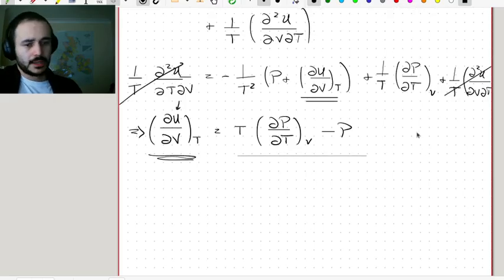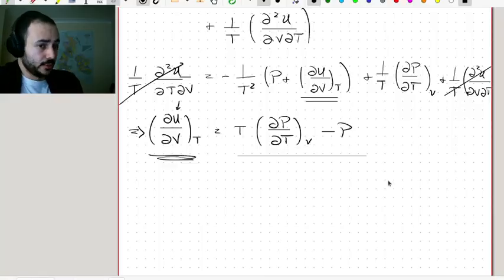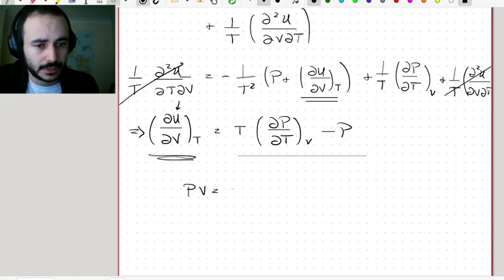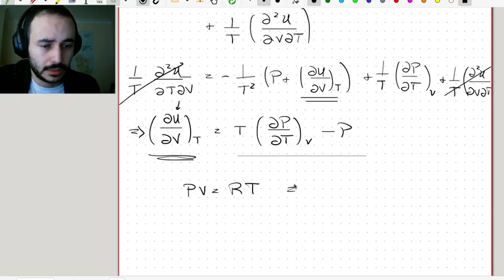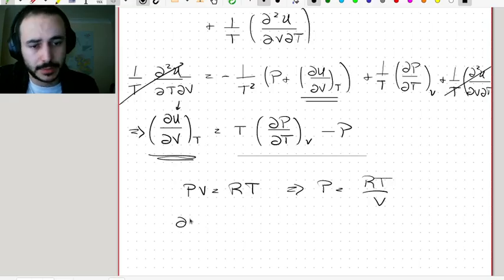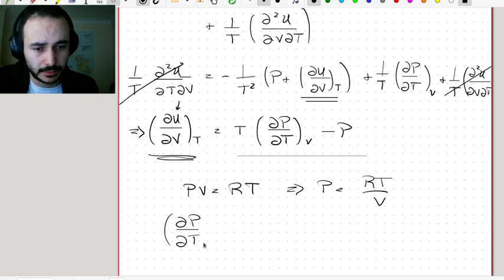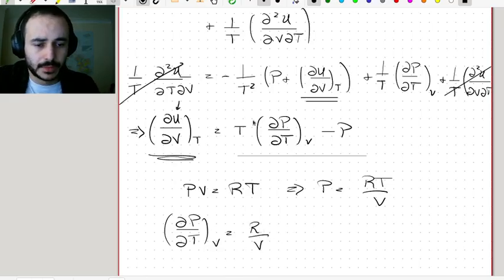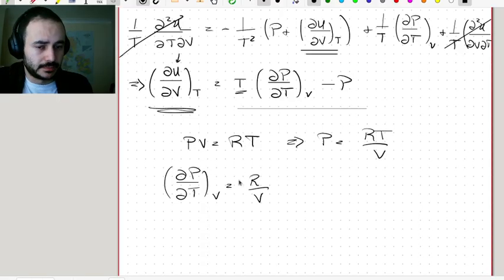Now let me remark that this equation is completely general. It is always true, not just for the ideal gas. We haven't assumed the ideal gas at any point. That's what we're going to do now. PV is RT for 1 mole, which means that P is RT divided by V, which means that the partial derivative of P with respect to T at constant V is just R divided by V. This is being multiplied by T, so if you multiply by T, this is what you get.